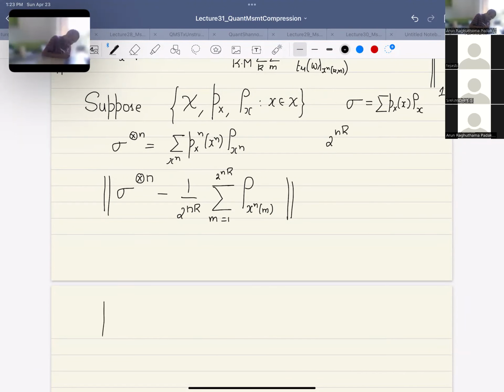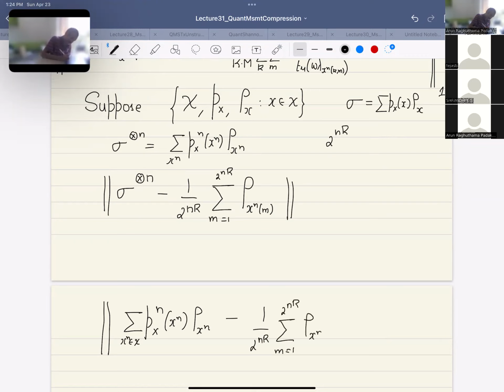So write this slightly differently. Left side, I can write it like this, right? Pxn of xn, rho xn. Don't worry about the dummy variables in the summation. Left side, I'm just writing it like this: minus 1 by 2 power nr, sum over m equal to 1 to 2 power nr, rho xn of m, is very small.